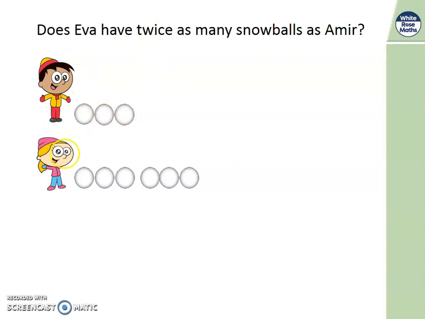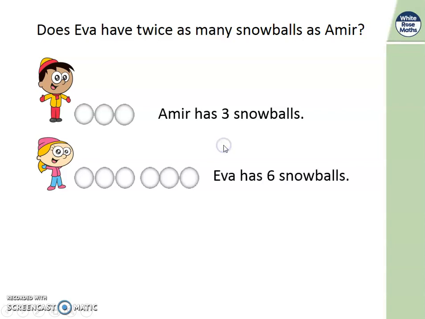Has she got his number times 2? Let's check. He's got 1, 2, 3. And she has 1, 2, 3. And she has it again. He has 3 snowballs. She's got 3 and 3 more. That's twice as many. She has 6 snowballs. 2 times 3 is 6.